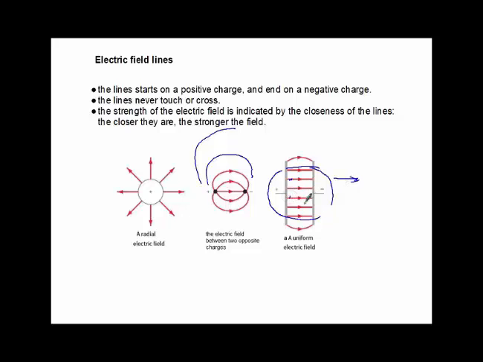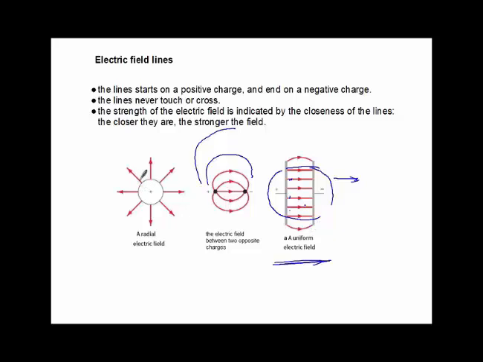At any point in this region, it has the same value and the same direction. So we have a uniform electric field that can be represented by parallel lines, where the field has the same direction and the same value at any point.